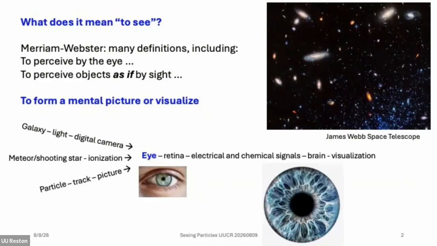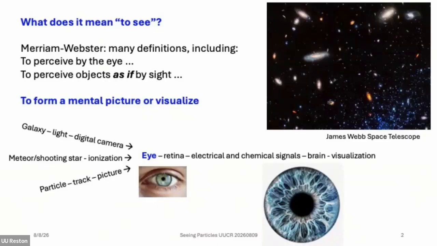Now, another example is a meteor, a shooting star. Perhaps many of you have seen a shooting star, a bright light zipping across the sky in a fraction of a second, and it ionizes the atmosphere and causes it to glow. And even though the shooting star itself, or meteor, is about the size of a grain of sand, and maybe 50 kilometers up, we can still say we can see a shooting star.